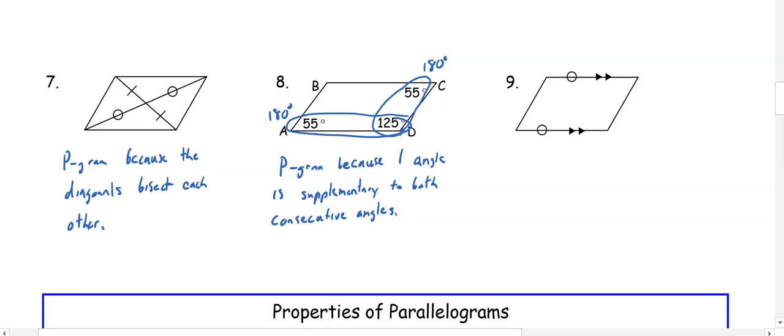In number 9, we have the sides that are parallel because they both have two arrows, and they are congruent because they both have the same marking, so this is a parallelogram because one set of sides is both parallel and congruent.